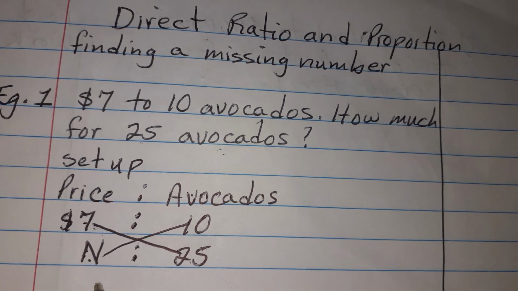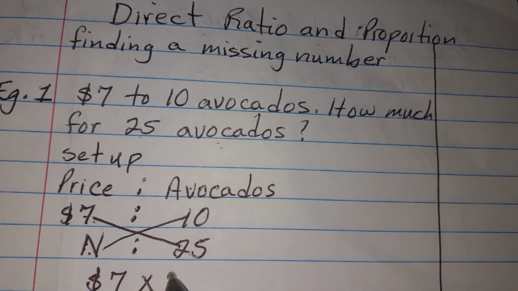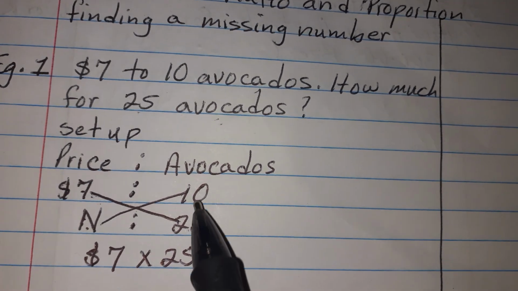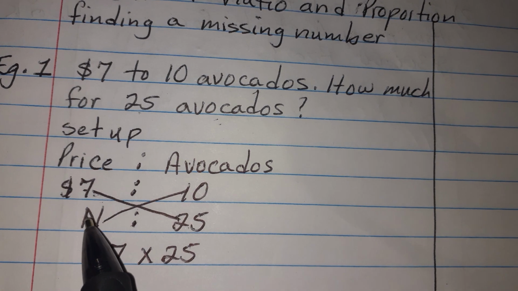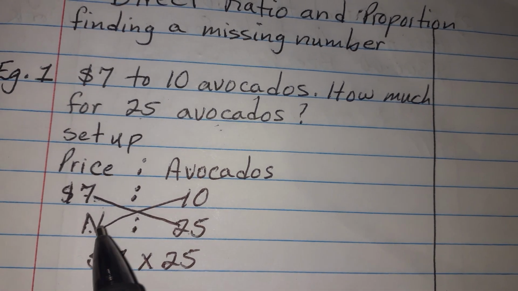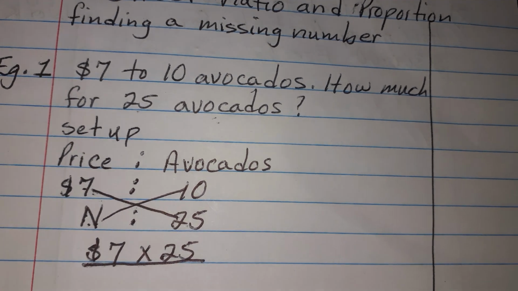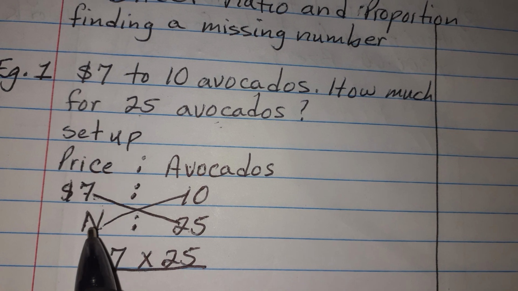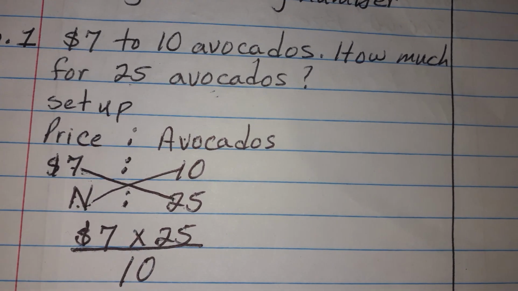So we multiply those two numbers first. 7 times 25. Okay, now we divide with the number that matches with the missing number, with the letter. All right, we divide, we draw the division line, we divide by the number that matches the letter. So we say divided by 10.